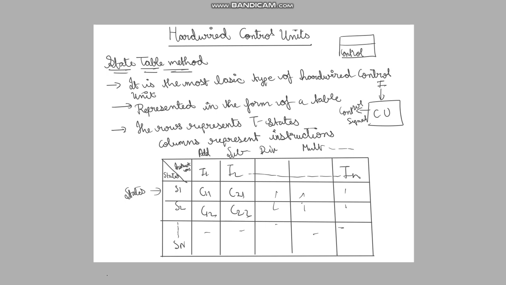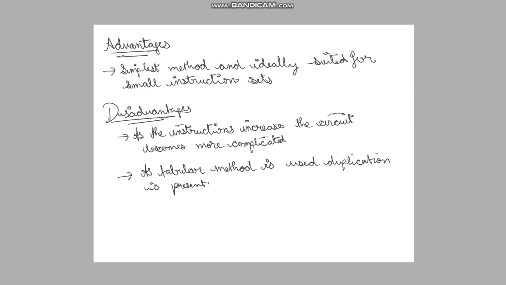It's pretty simple. So let's go over the advantages and disadvantages. The advantage is that it's the simplest, and it is ideally suited for small instruction sets. Your initial processors usually had really small instruction sets, so this method can be used. But if you see the disadvantages, as the instructions increase, the circuit becomes more complex.